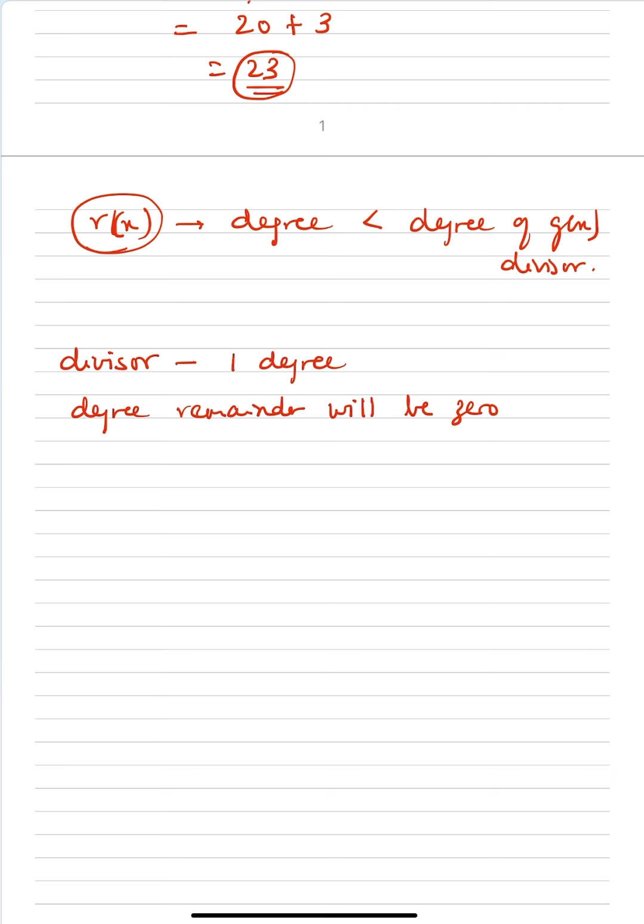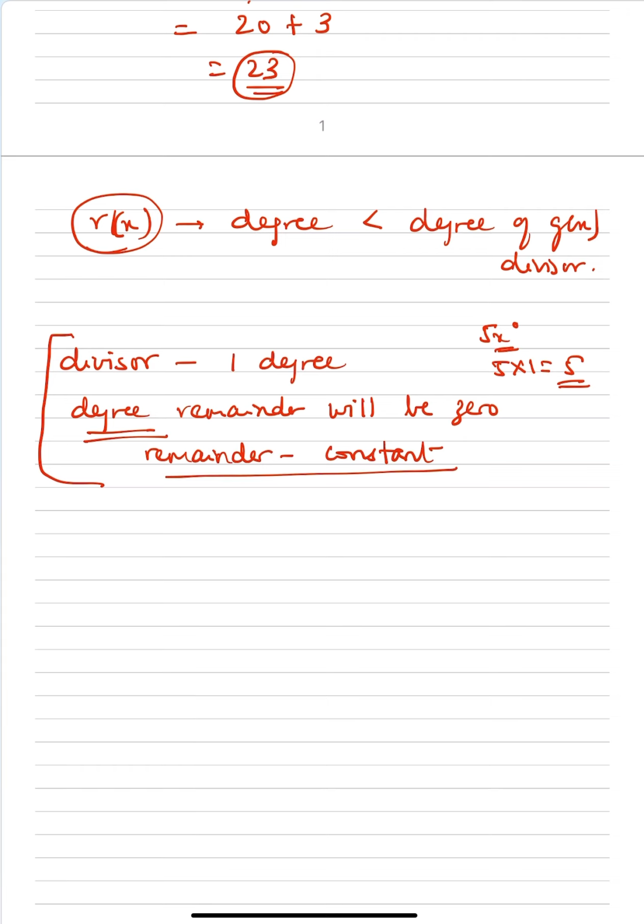We know that if I take 5, it is 5 into x raised to 0, so degree is 0, but it is 5 into 1, that is 5. So it is a constant. You should keep in mind that if the divisor is of degree 1, then the degree of the remainder will be 0, that is, the remainder will be a constant.